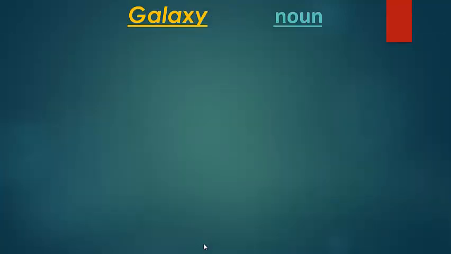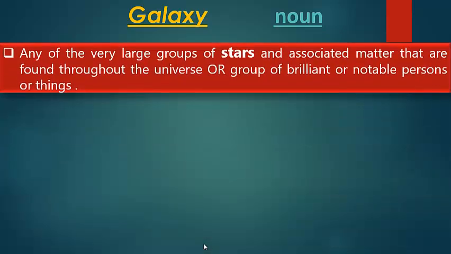Galaxy. It's a noun. Any of the very large groups of stars and associated matter that are found throughout the universe, or a group of brilliant or notable persons or things.